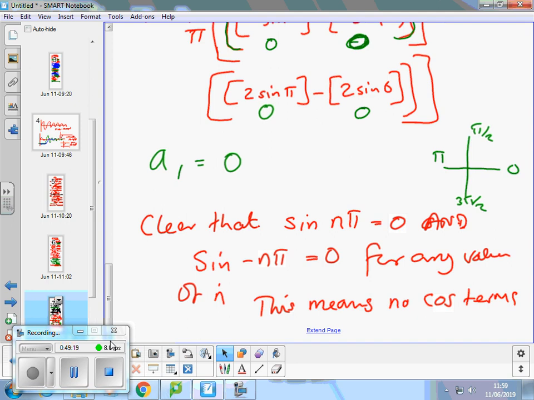Once you have integrated, you're always going to be multiplying by a 0 term, and all of them are going to calculate your constant as 0. So there's no cosine terms in the complex waveform representing this square wave.